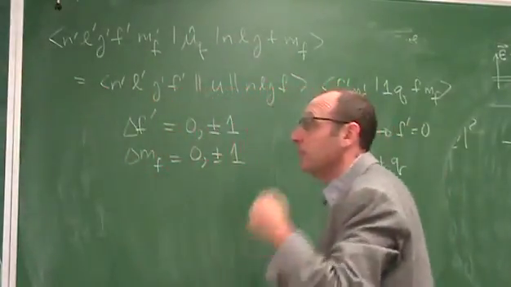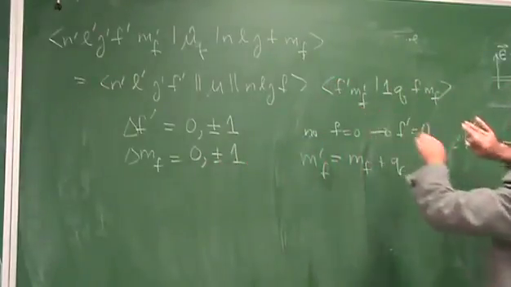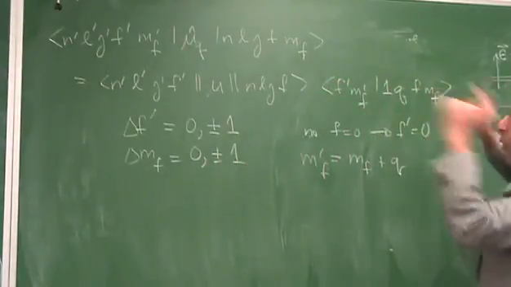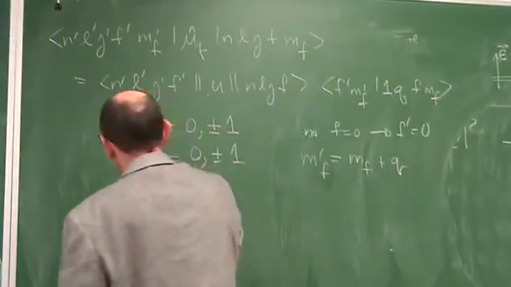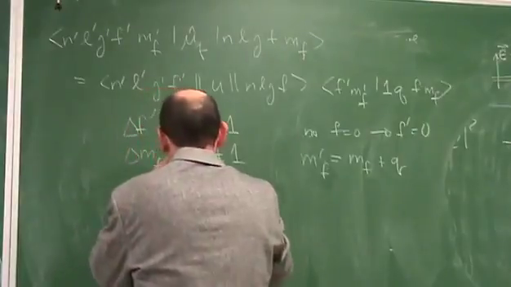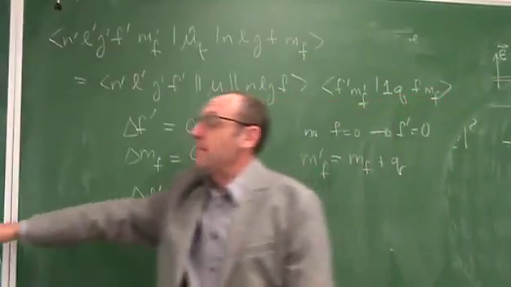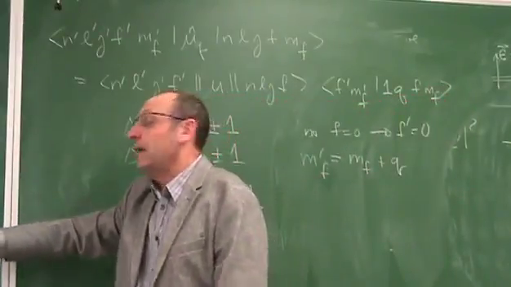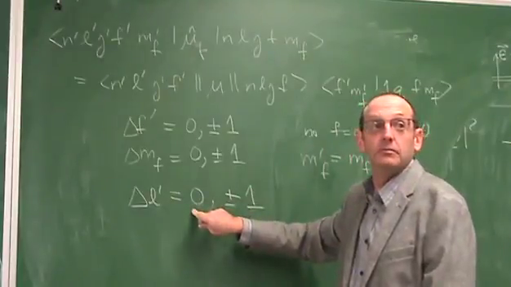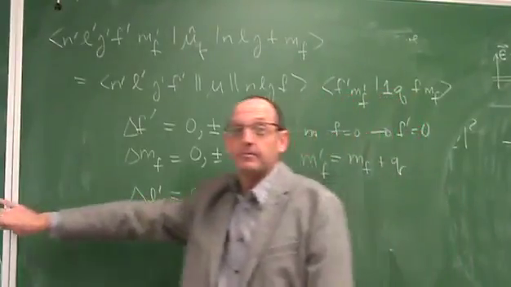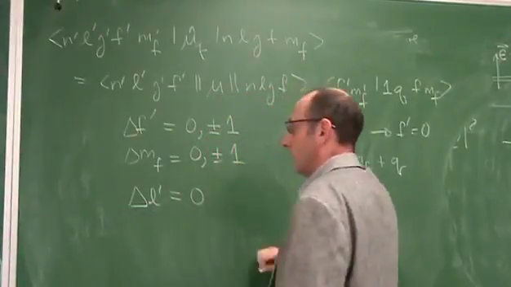I'll have the same kind of arguments associated with the Wigner-Eckart theorem now with respect to orbital, and that would tell me, according to the Clebsch-Gordan coefficients and rotational symmetry, that delta L is 0 plus or minus 1. However, by parity, we cannot have L change by 1. L must stay the same because of parity. So these are not allowed, and delta L must be 0.